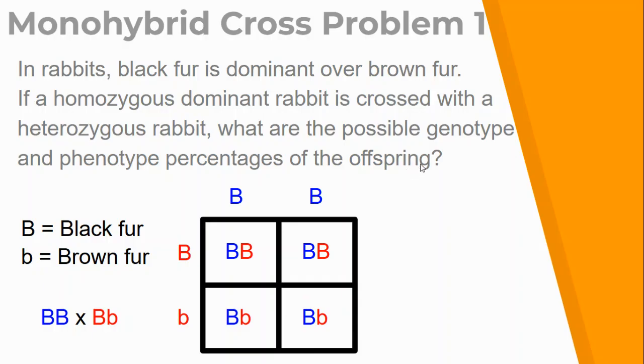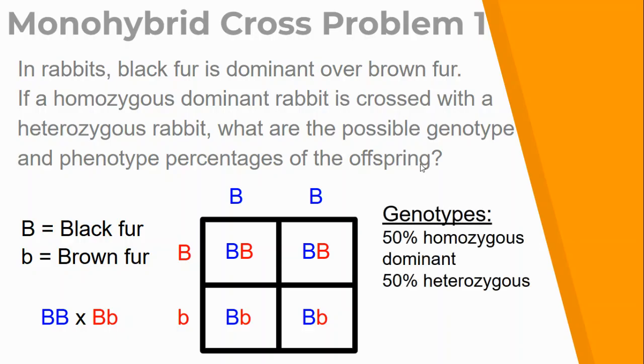So when we're asked to find the genotype and phenotype percentages of the offspring, we would say that there's a 50% chance the babies will be homozygous dominant, because there's a 25% chance they'll be here, plus a 25% chance they could be here.